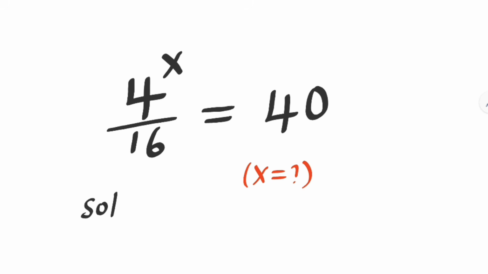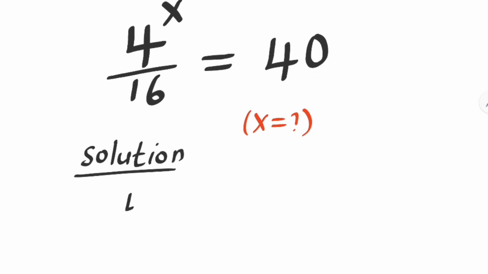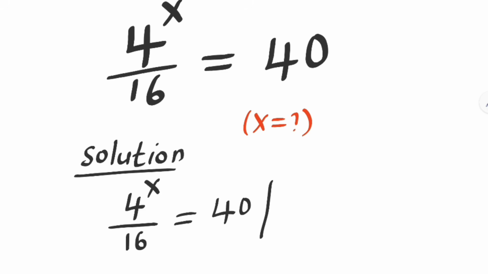Solution. We have the given equation: 4 raised to power x over 16 is equal to 40. Now let us multiply the whole of this equation by 16.